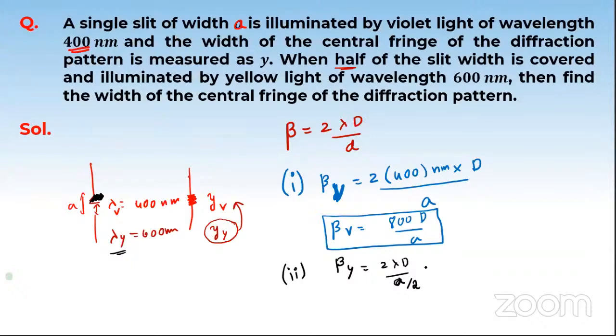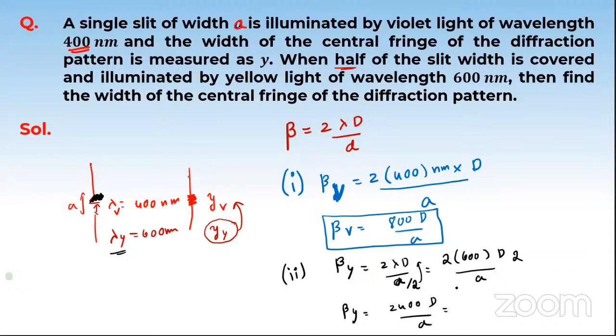So this 2 stays as it is. Lambda is 600 for yellow light, into capital D as it is, A as it is. This small 2 will go to the numerator and becomes 2 here. Now beta yellow will be equal to 2 twos are 4, 4 sixes are 2400. 2400 D by A.